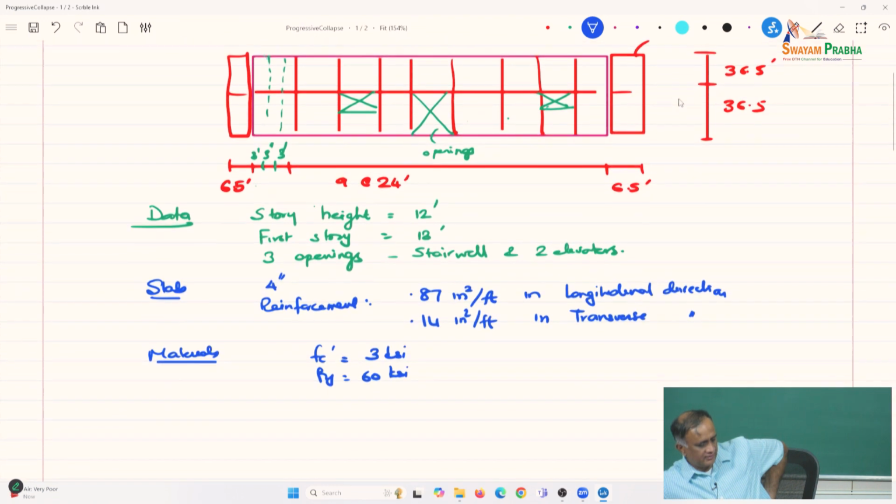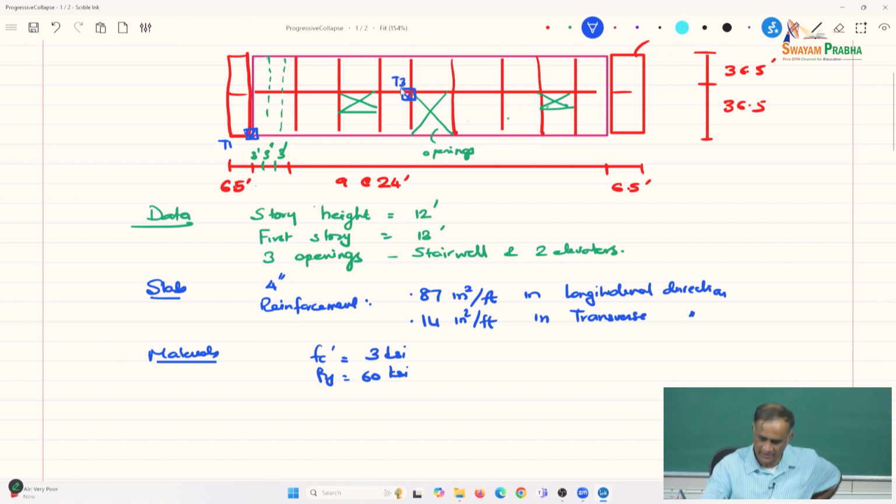And there are columns. So, this is say T1, then there is the interior T3 and an edge column T2. The columns are 24 inches by 24, just for this example.